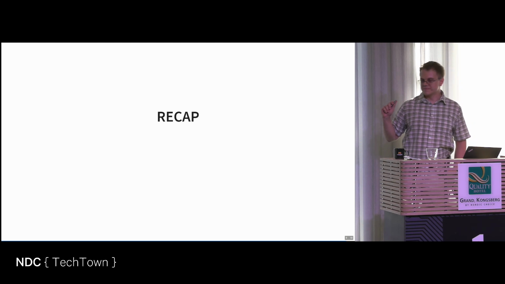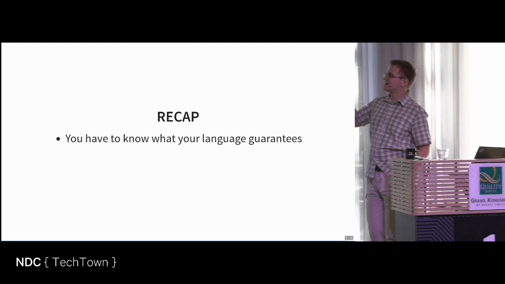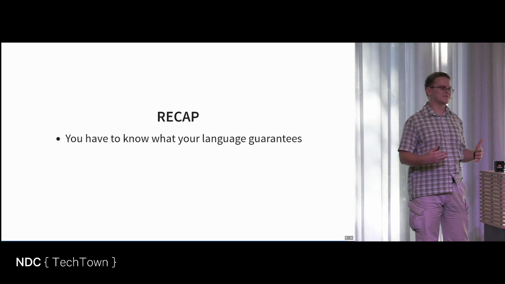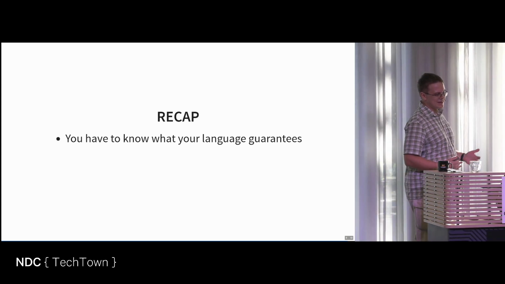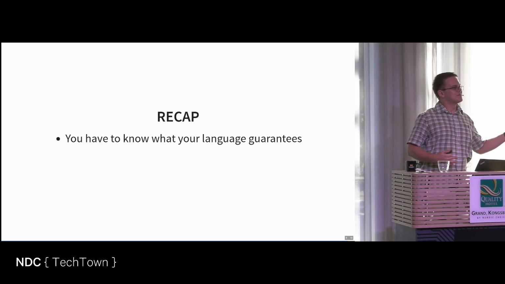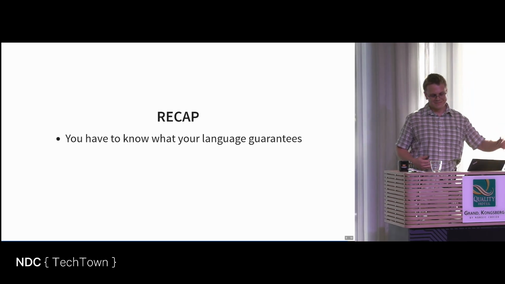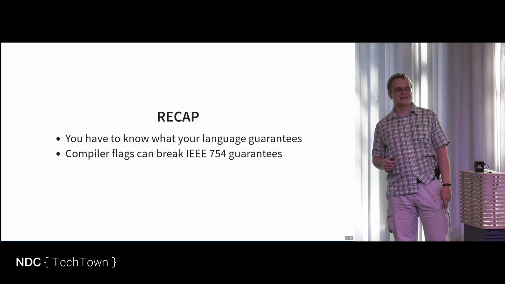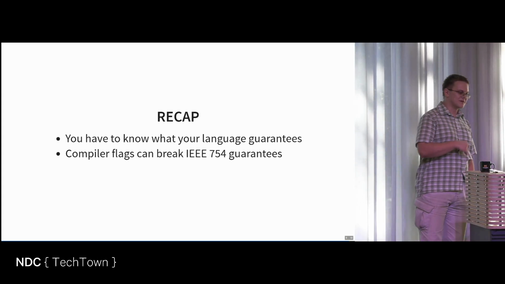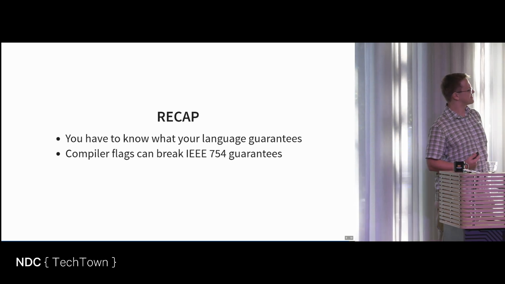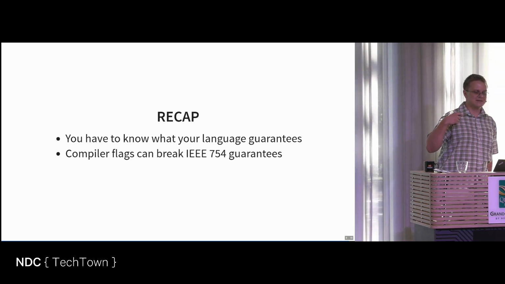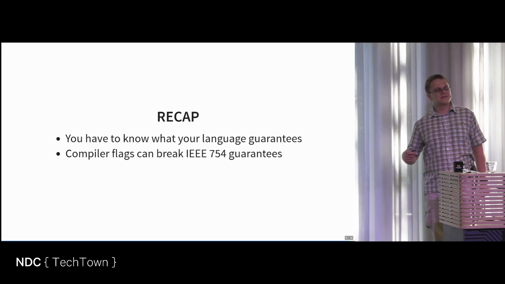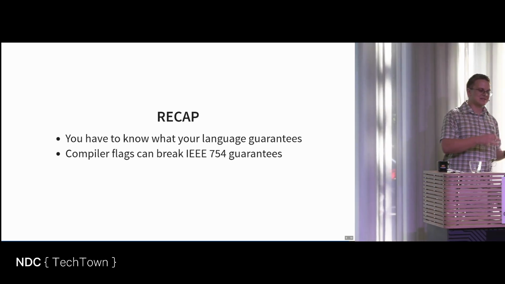Now, to recap. If you want to do floating point work, you have to know what the guarantees of your language are, and also know when the guarantees stop working. Compiler flags can actually break IEEE guarantees. So if you need reproducibility on floats, you have to understand what flags you compile with, and also what flags all of your dependencies were compiled with.